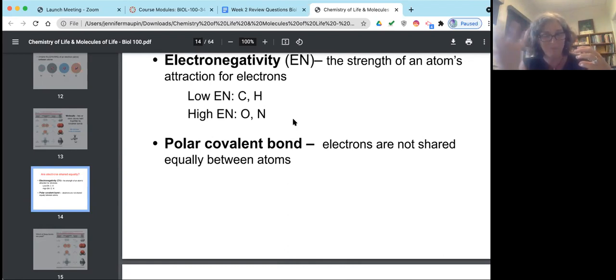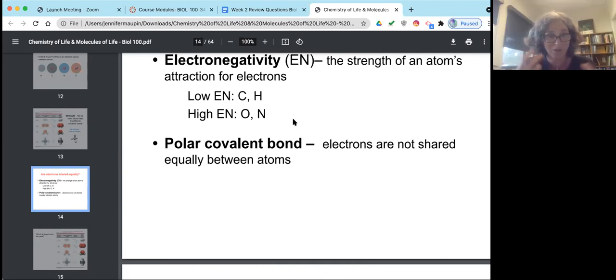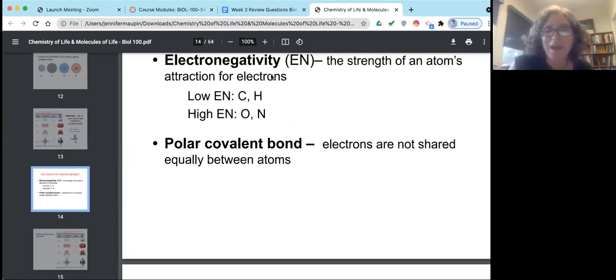So how much is there a pull on those electrons from the protons in the nucleus? So it's calculated based on the structure of each individual element, the atoms in each element. So if in an element the electron is closer to the protons, then it would be a low electronegativity. So let's go back and look and see.